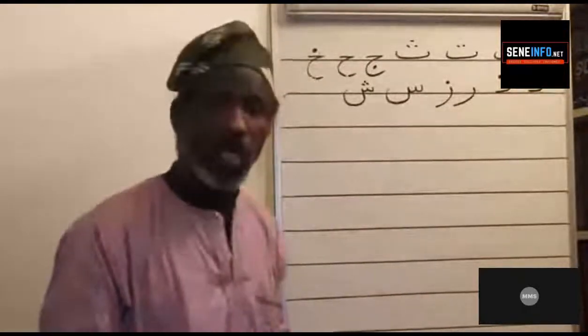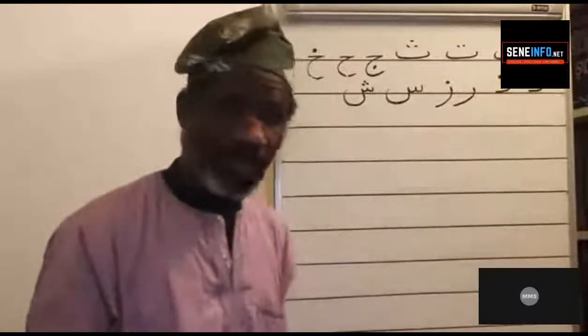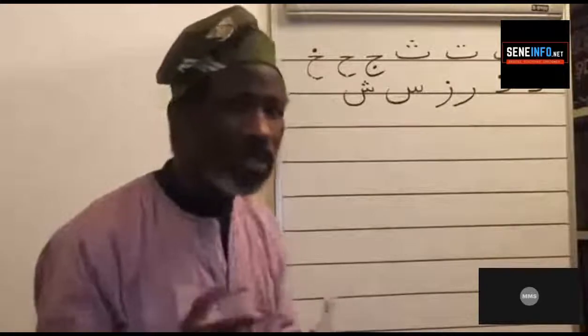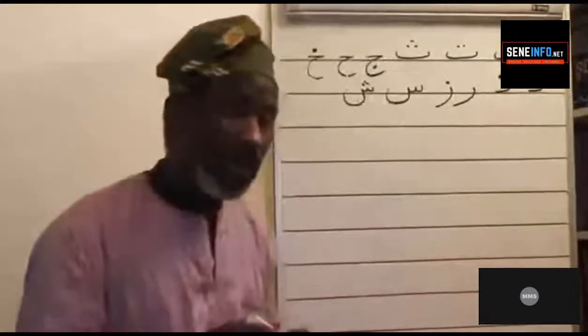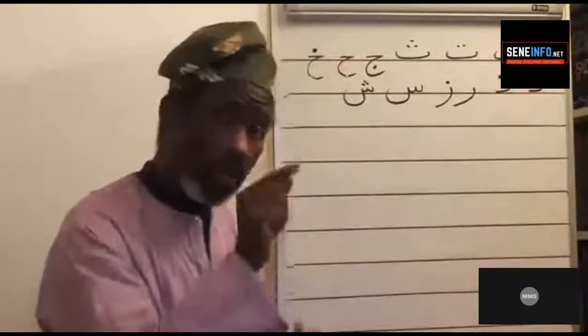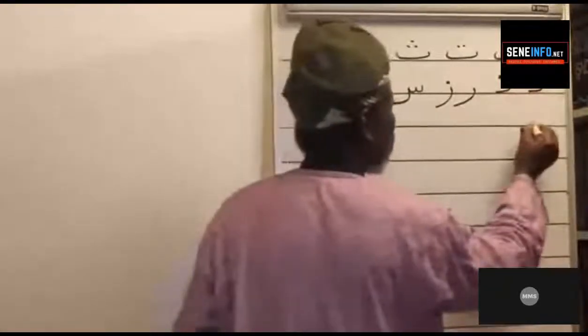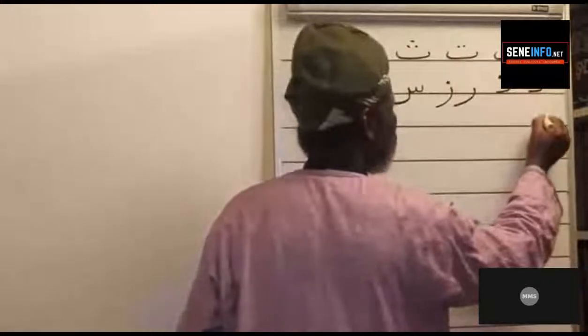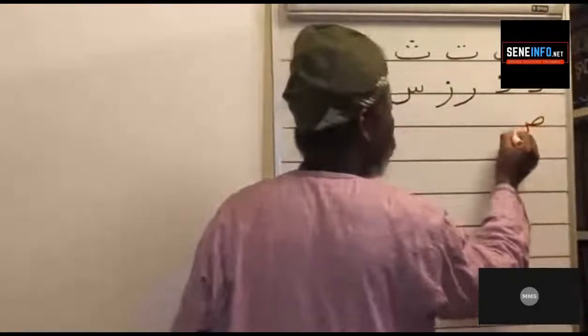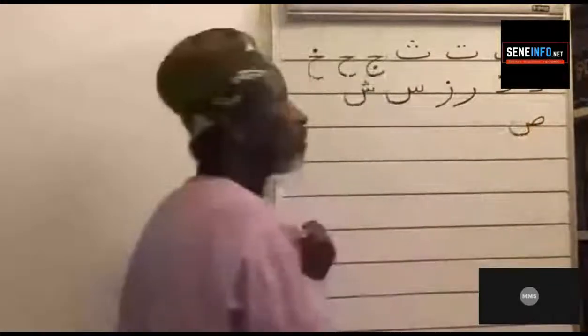Next family, also 2 in the family. First one probably no dot, the second one probably 1 dot. Right, you're right. Now watch the way I'm going to write the next family. See my hand movement. It's going to be clockwise. It's going to go this direction. So you start this, you complete, and then do your tail.